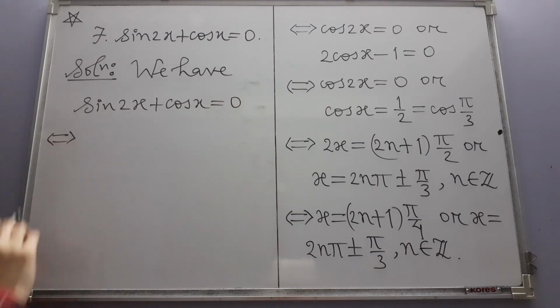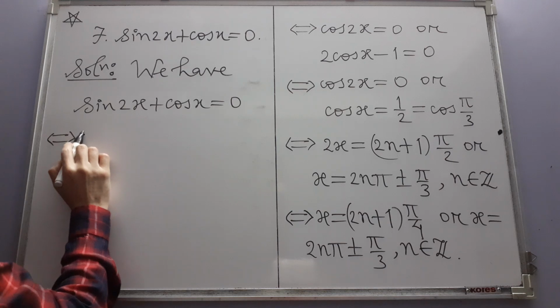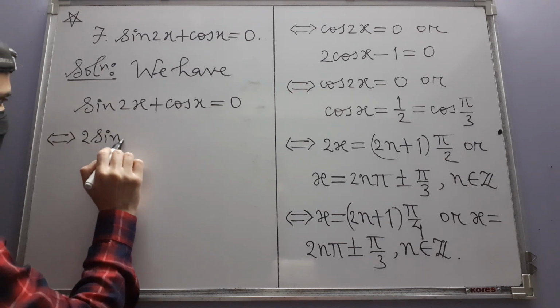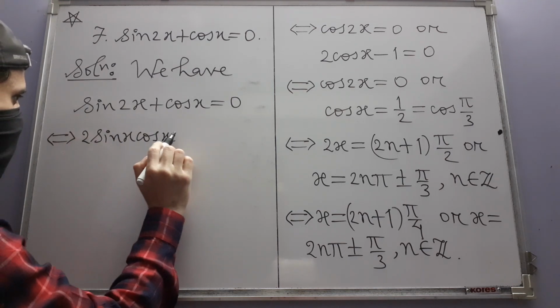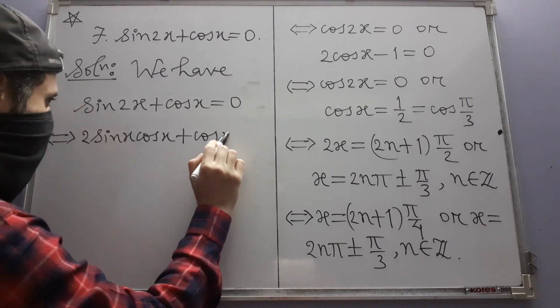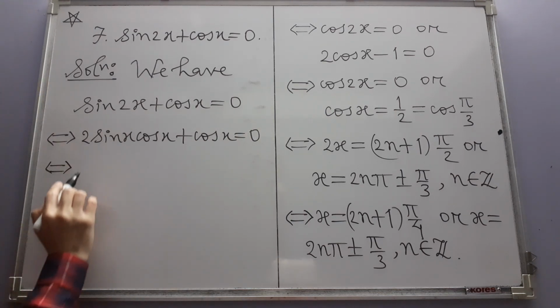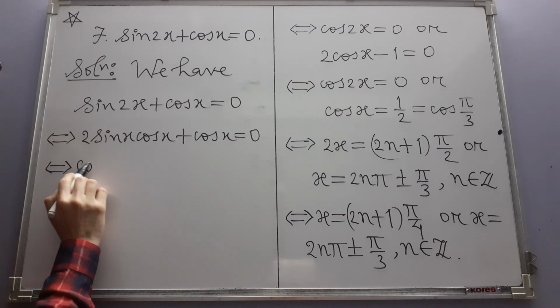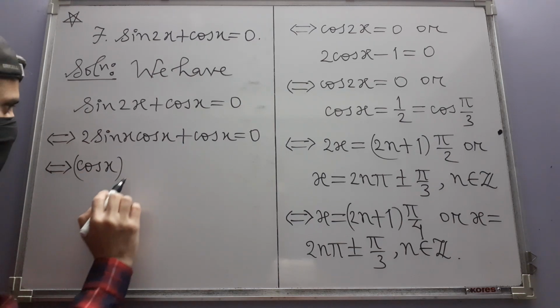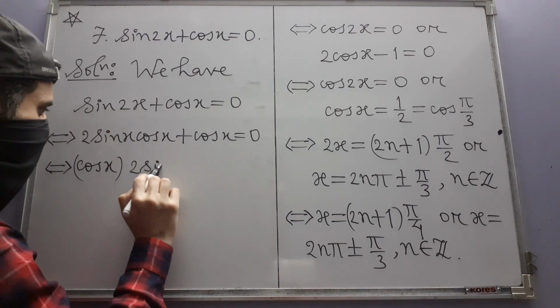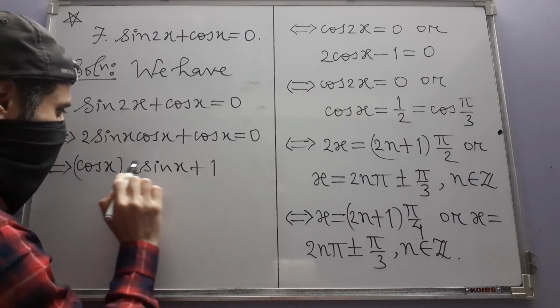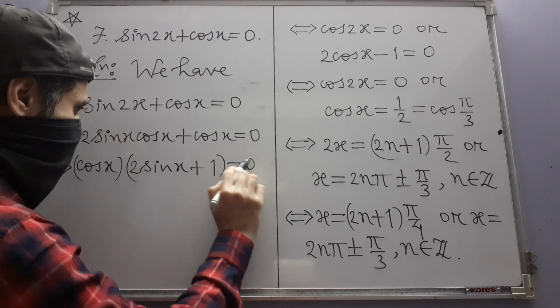Now you have to apply the double angle formula here. 2 sin x cos x plus cos x is equal to 0. Cos x times (2 sin x plus 1) is equal to 0.